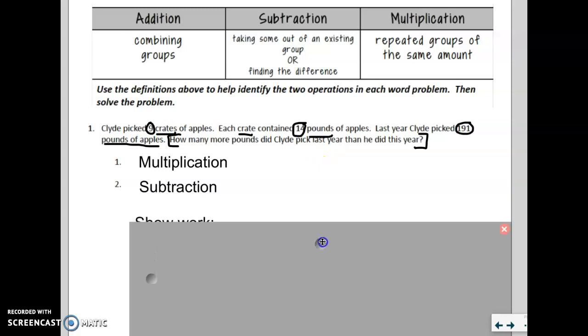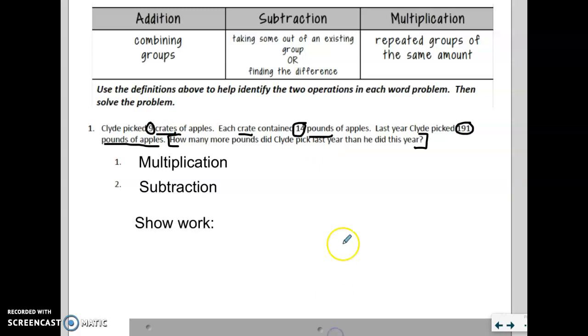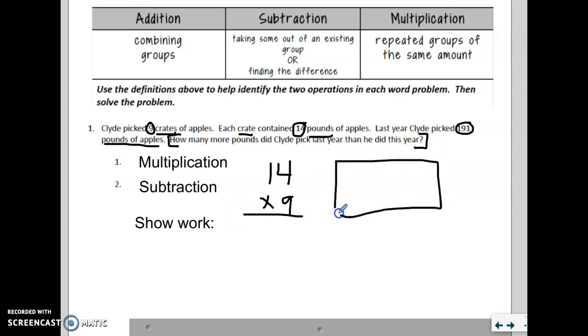And so if I'm finding the difference of something, that is a subtraction problem. Okay, so let's go ahead and show our work and solve this problem. So our first problem is 14 times 9, because I want to know that he had 9 crates, and in each crate there was 14 pounds. So I think what I'm going to do is I'm going to do a box, and I'm going to do my 9. I'm going to break it apart into 10 and 4 to represent my 14. 1 ten and 4 ones.